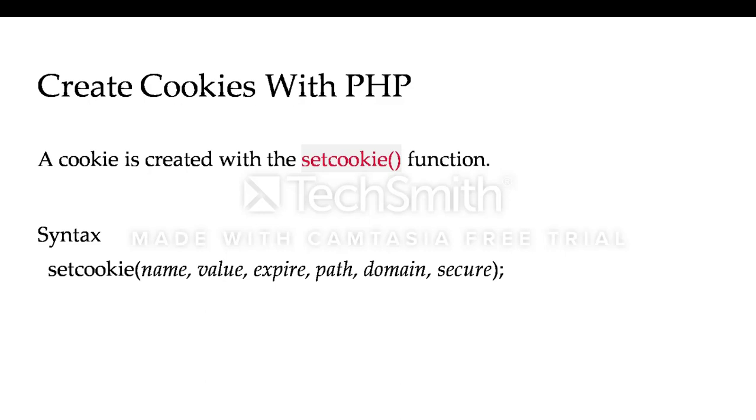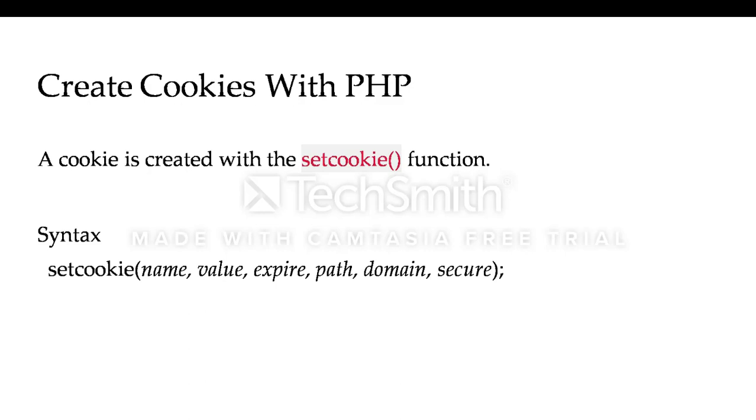The domain parameter is for websites that have a domain name or subdomains. For which subdomain or domain the cookie should be accessible is given in this parameter. Security accepts 2 values, 0 or 1: 1 for HTTPS or 0 for HTTP.